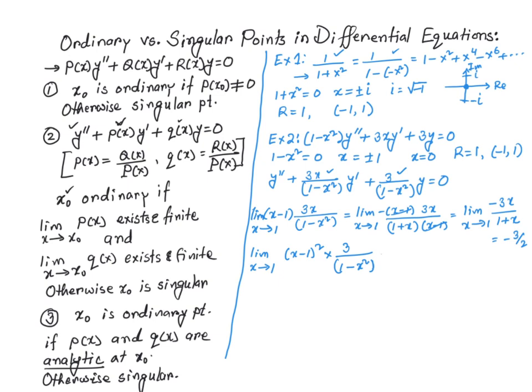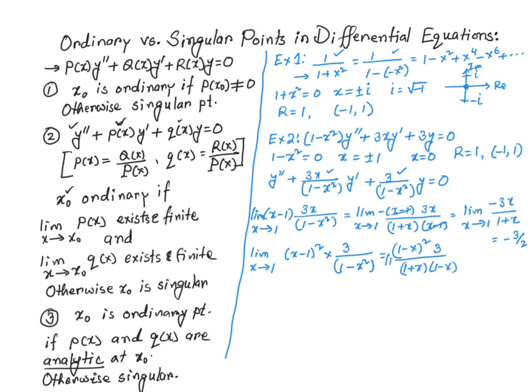Then I can simplify it a little bit. (1 minus x) squared is the same as (x minus 1) squared, times 3 divided by 1 minus x squared, which is (1 plus x) times (1 minus x).